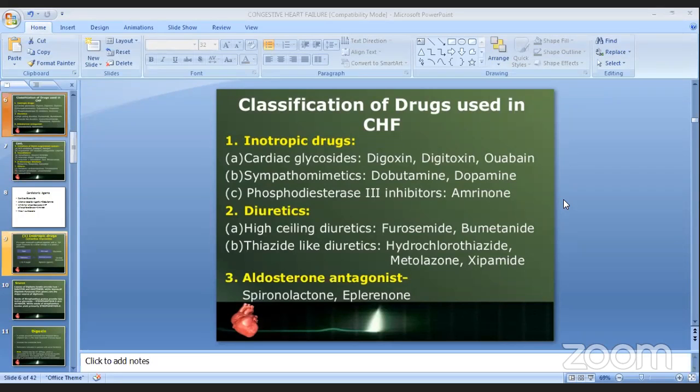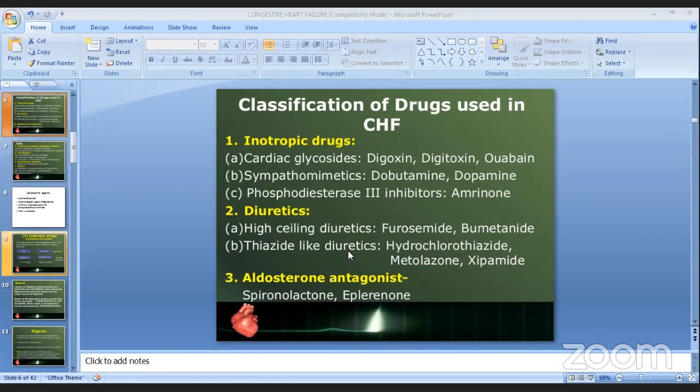The loop diuretics act on the ascending limb of the loop. Furosemide is a benzoic acid derivative, already discussed, and bumetanide is also a 3-amino benzoic acid derivative, a sulfonamide. Another group is the thiazide derivatives: chlorothiazide, hydrochlorothiazide, benzthiazide, metolazone, and indapamide.